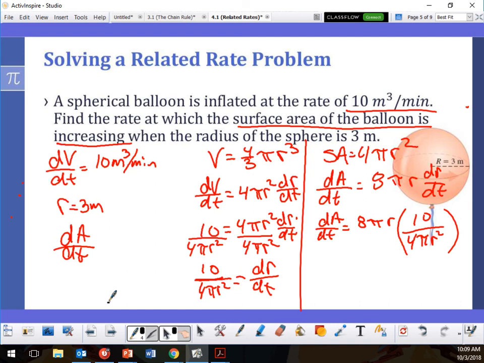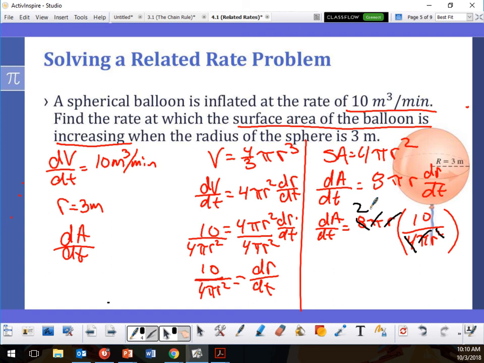What's going to happen when I do that? Pi's cancel. One of the r's cancel, right? Okay, what about that 4?